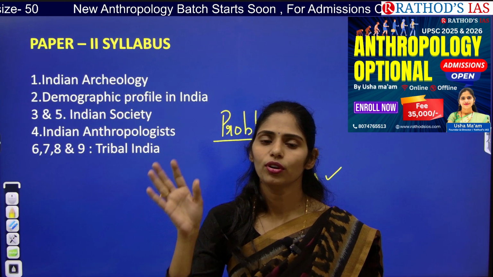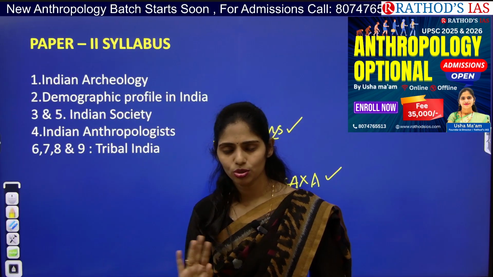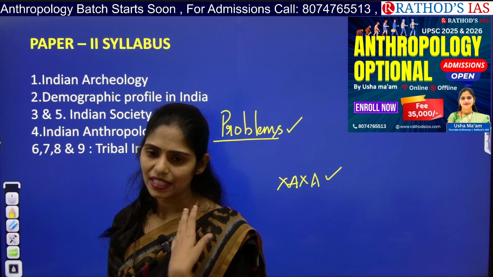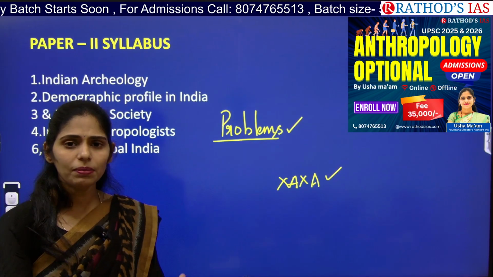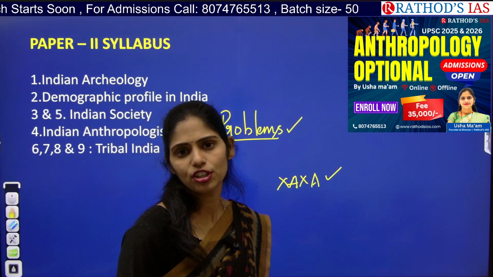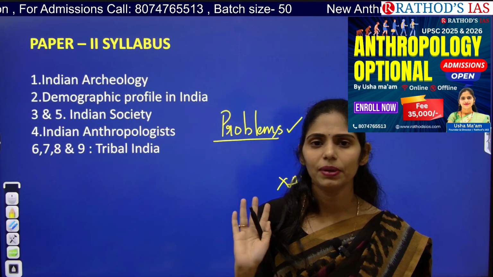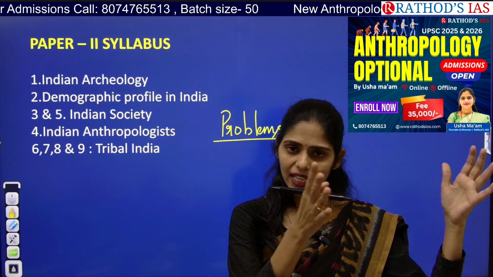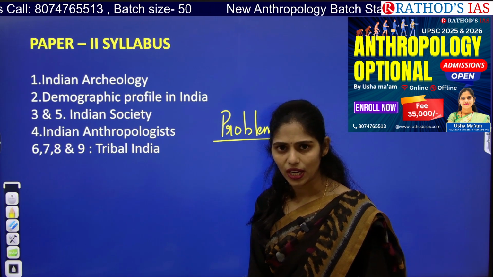And don't worry about whether you will have any time after clearing prelims, because maximum revision will be happening in the class itself. And there will be 100% conceptual clarity for sure, and daily answer writing practice will happen, with a revision test every Sunday in that week, and we're also going to see the previous questions as well.